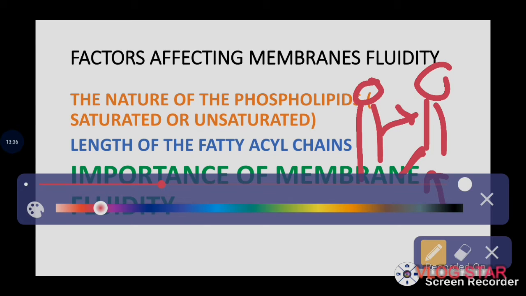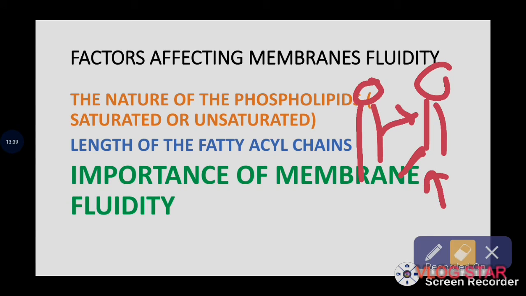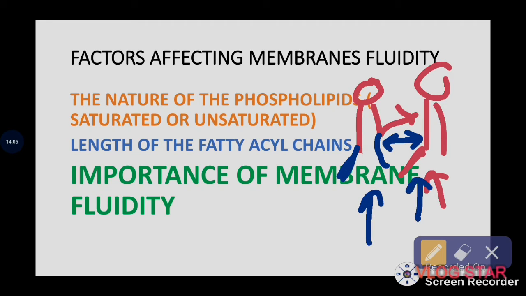Because you see, if I take another phospholipid molecule like this, the distance between these two phospholipid molecules increases as the unsaturation increases, due to the kinks produced by the double bonds.